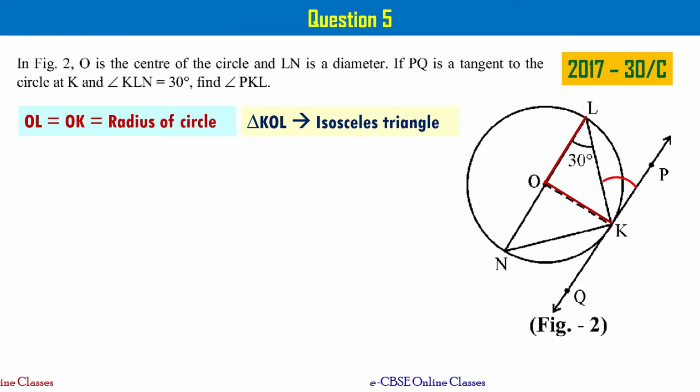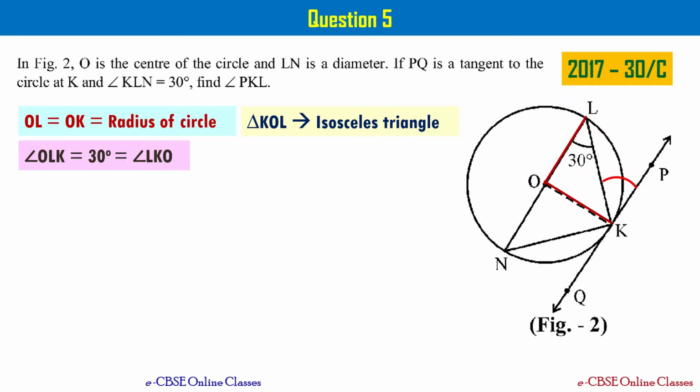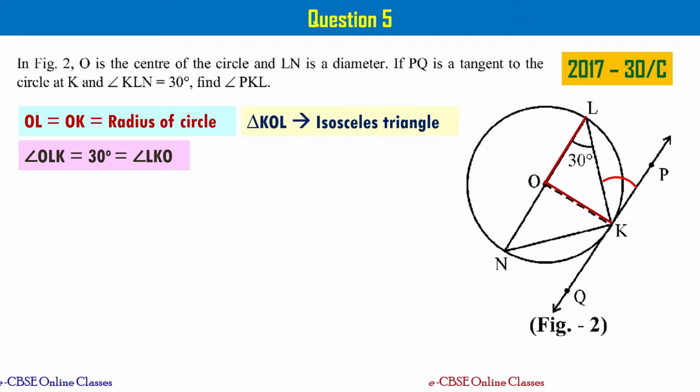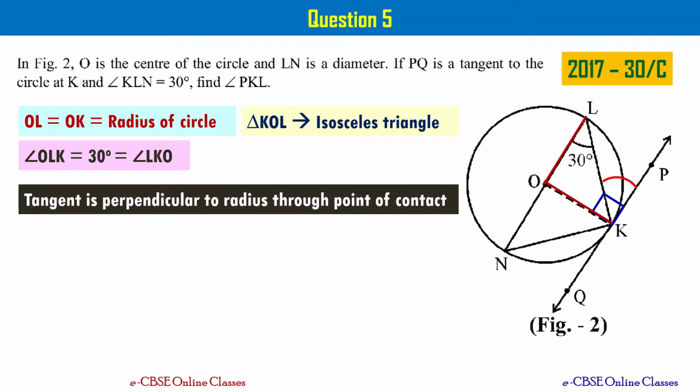Please take a note of this. If triangle KOL is an isosceles triangle, then we can write angle OLK equal to 30 degrees, that is given. That is equal to angle LKO, right? And we know that tangent is perpendicular to radius through point of contact, right?